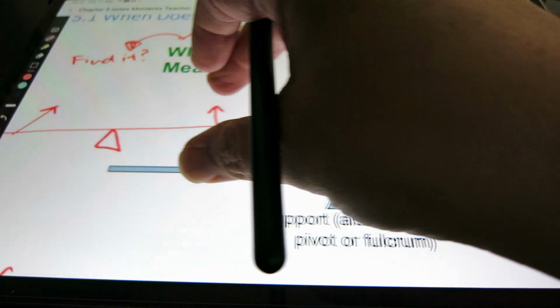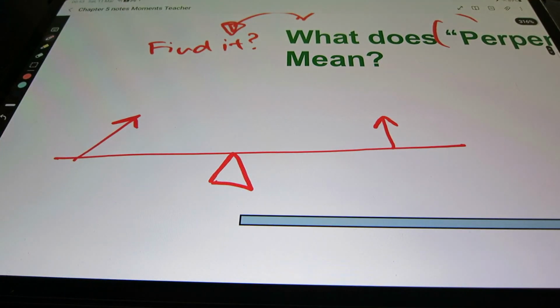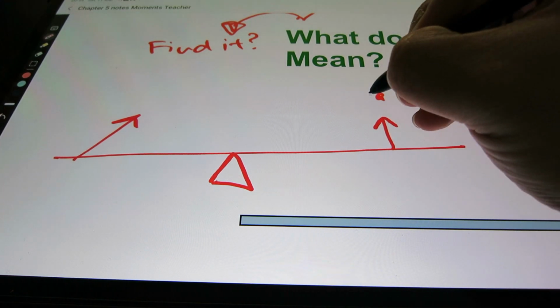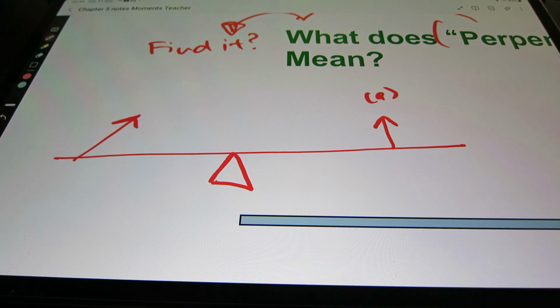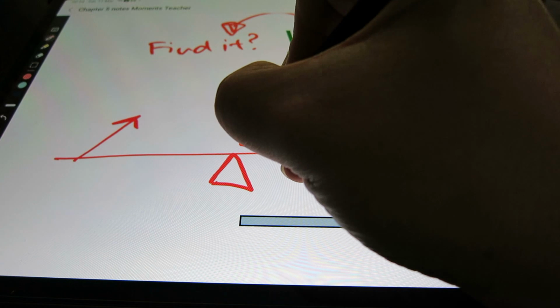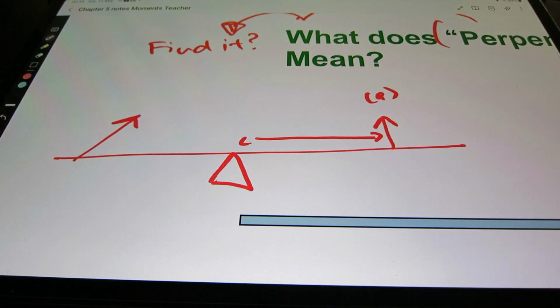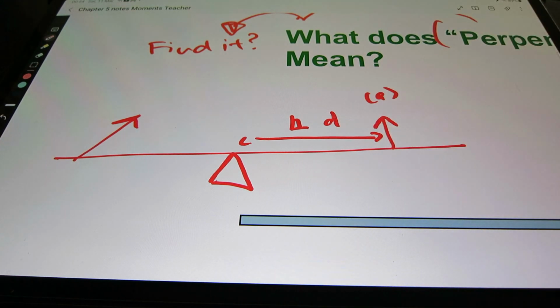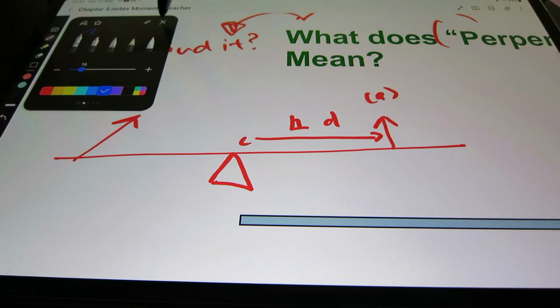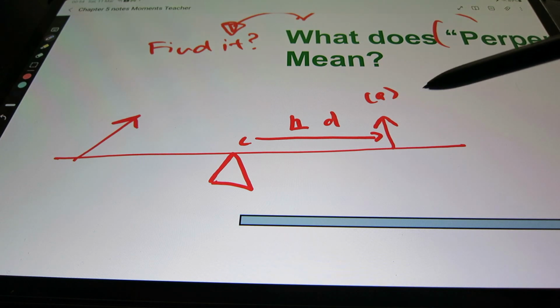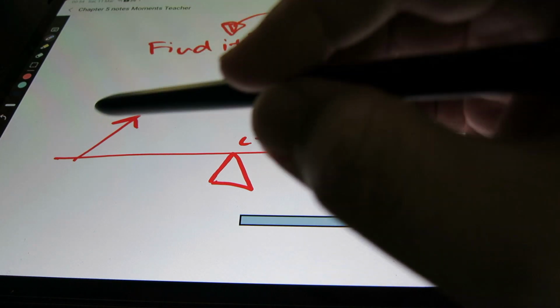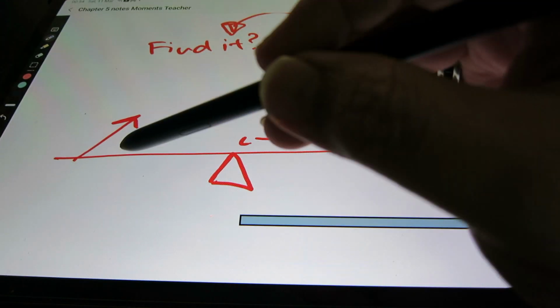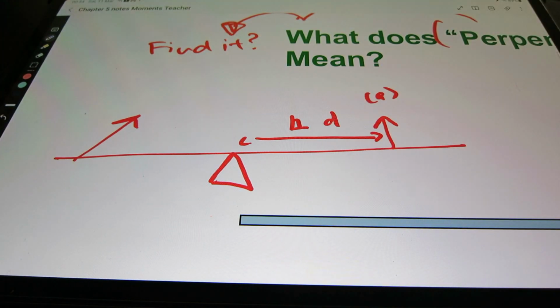In a normal kind of seesaw situation like this, if I ask you how far away force A on the right here is acting from the pivot, naturally most of you will be able to tell me this is the distance. And this distance, as you rightly pointed out, is the perpendicular distance. Now, the difficulty comes about when the force is not acting perpendicularly. What happens if the force, instead of acting in this direction, is acting at an angle to the seesaw? Then what are you going to do?